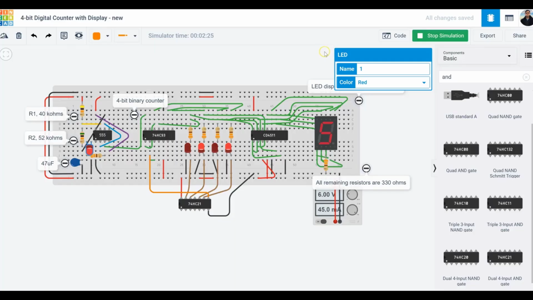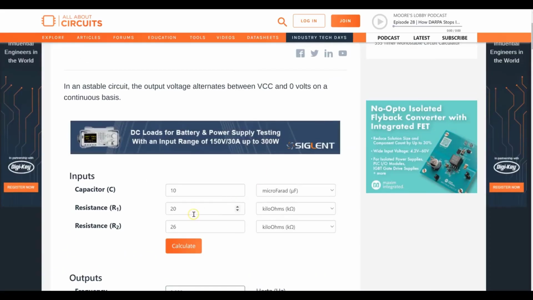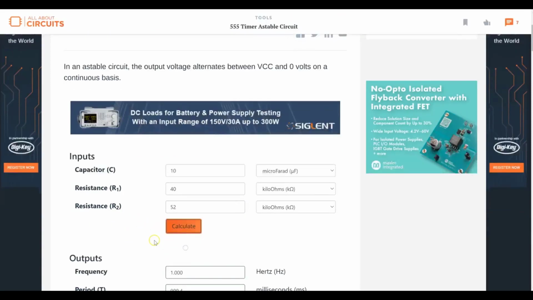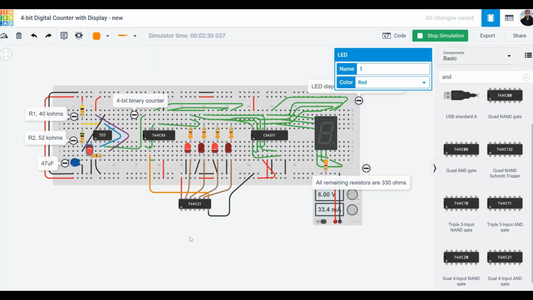We had 40 kilo ohm and 52 kilo ohm, right? 40 kilo ohm and 52 kilo ohm. So yeah, 638 milliseconds it's on, and 360 milliseconds it's off, right?